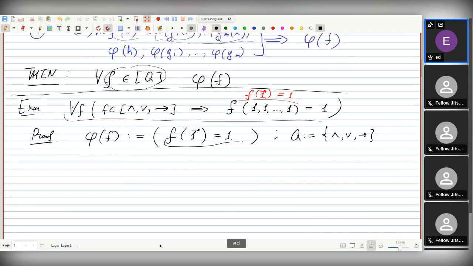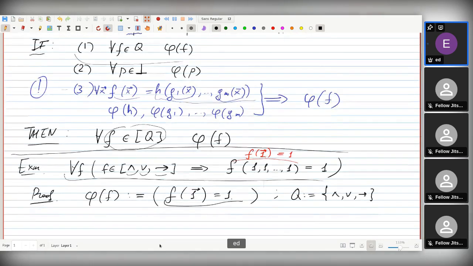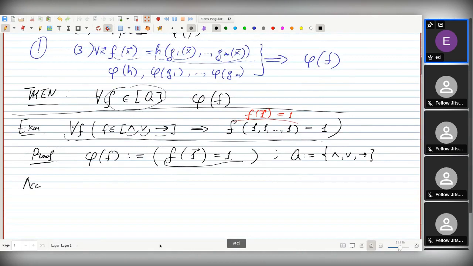So, I want to prove that every function expressible, computable via these three satisfies some property. According to lemma 1, it is enough to check these three things in order to do so. According to lemma 1, it suffices to check the following properties.